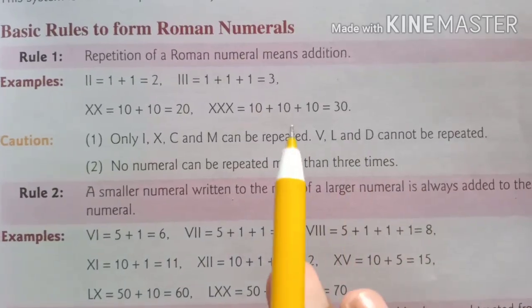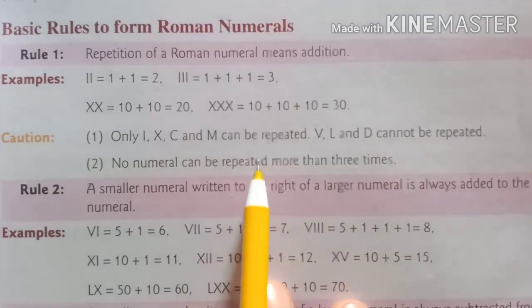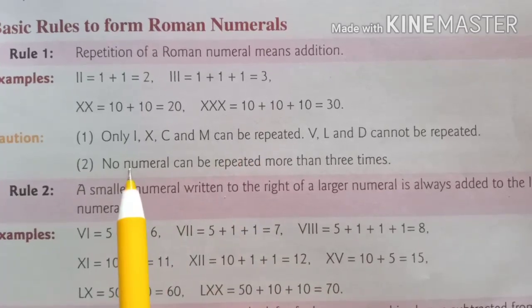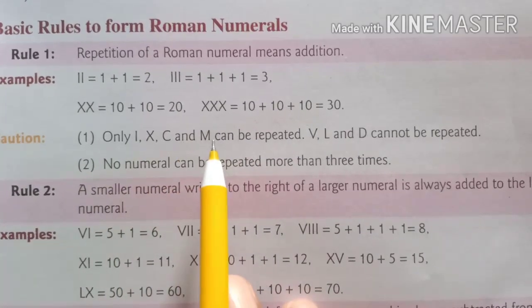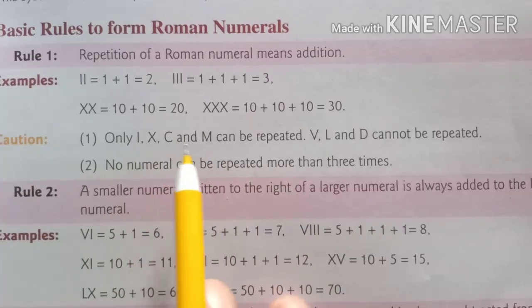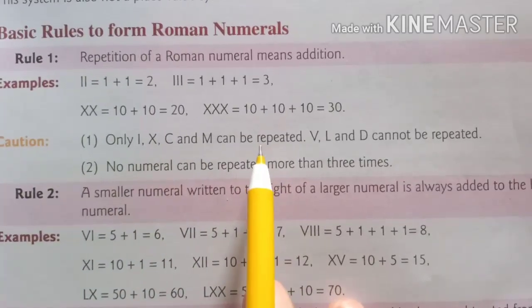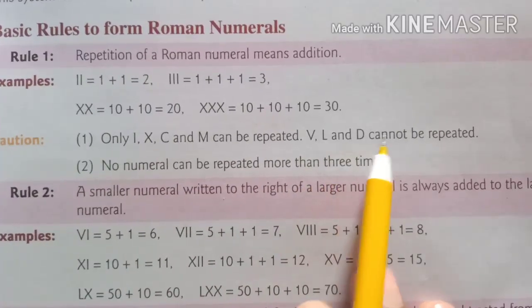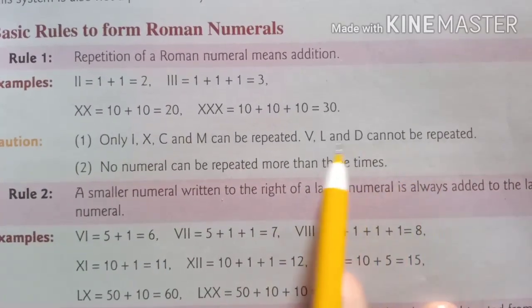So when we form the Roman numerals, we shall have in our mind that I, X, C and M symbols can be repeated up to maximum 3 times. Okay, but V, L, D cannot be repeated.